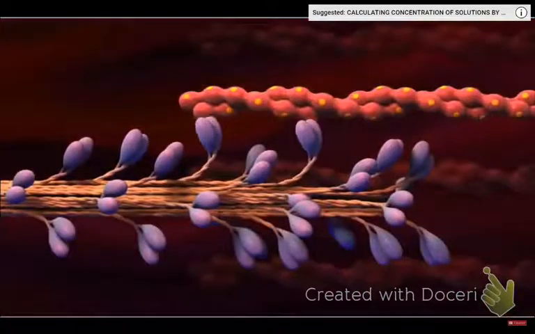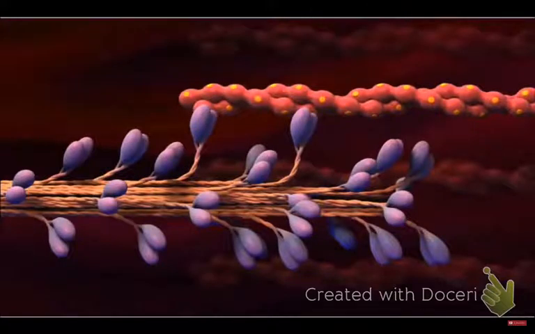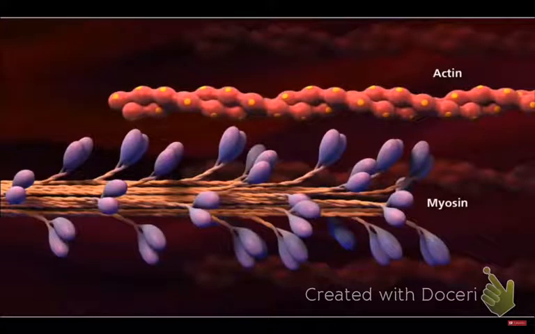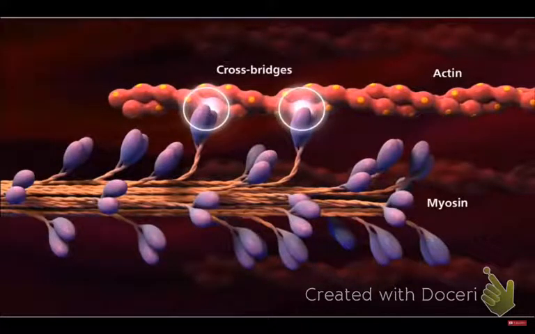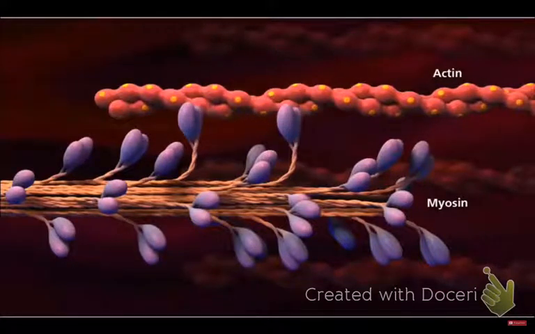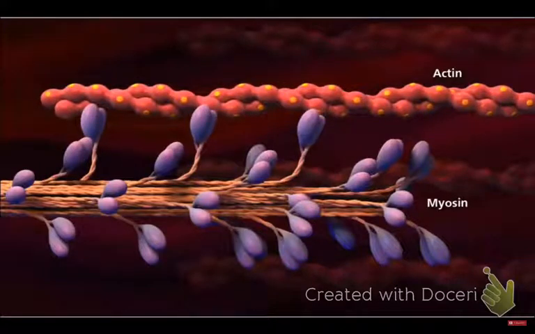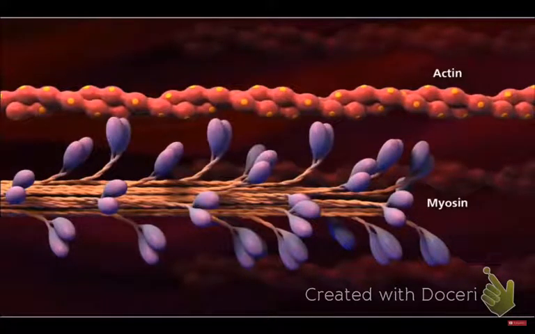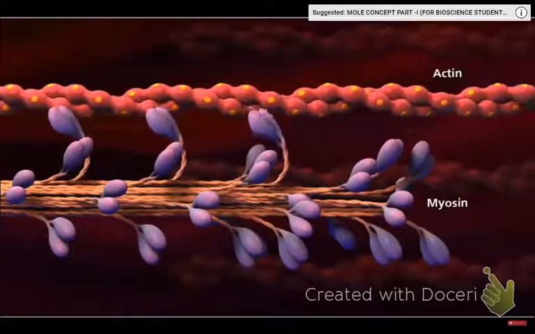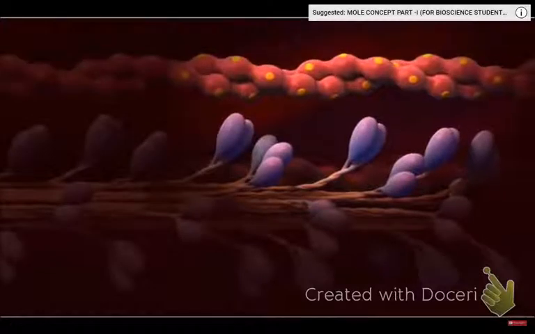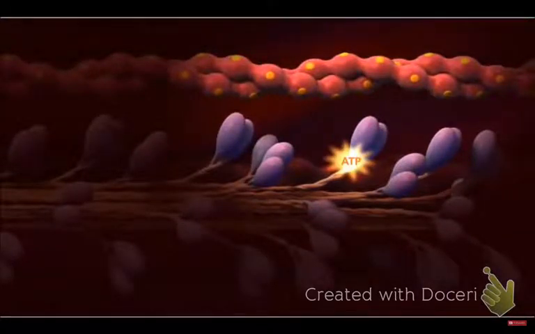Although the action between the filaments is described as sliding, the myosin filament actually pulls the actin along its length. The cross bridges of the myosin filaments attach to the actin filaments and exert force on them to move. This action is known as the sliding filament mechanism of muscle contraction. In this model, the sarcomeres shorten without the thick or thin filaments changing in length. A contraction begins when a bound ATP is hydrolyzed to ADP and inorganic phosphate.